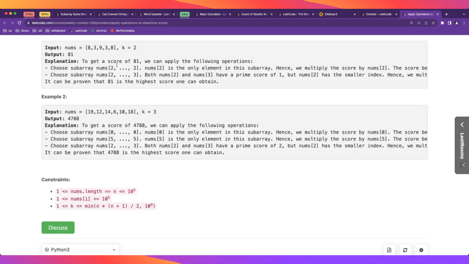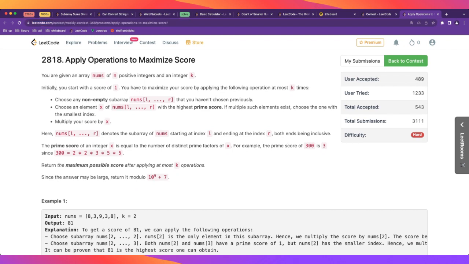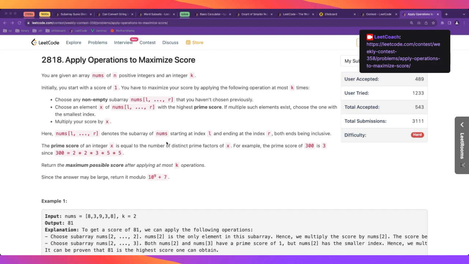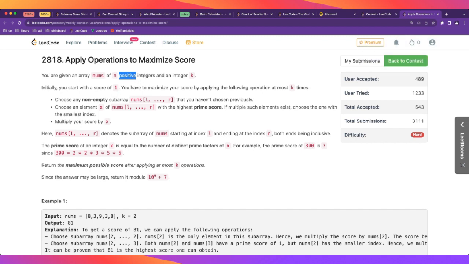So that's it for Q3, and let's go to the hard one, Q4. Let me share the link. Apply operations to maximize score. You're given nums and positive integers and an integer k.